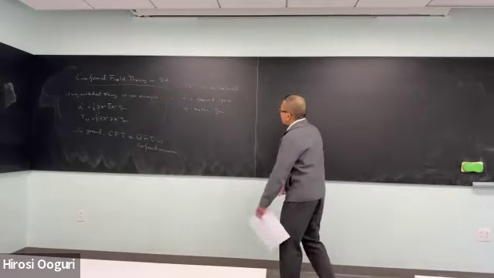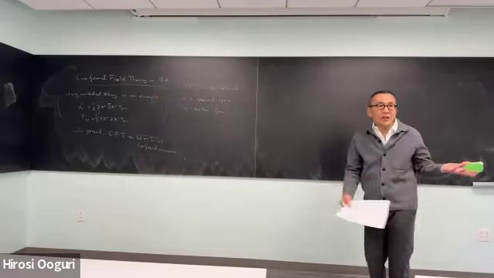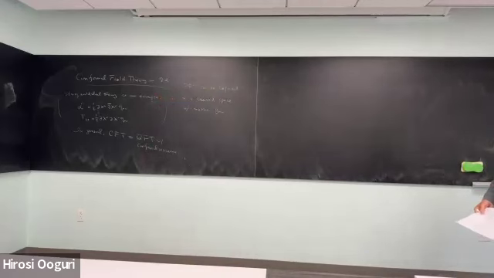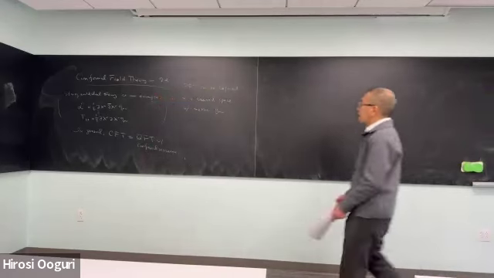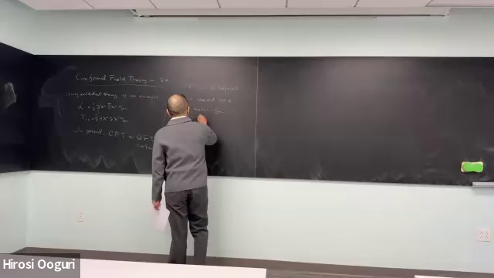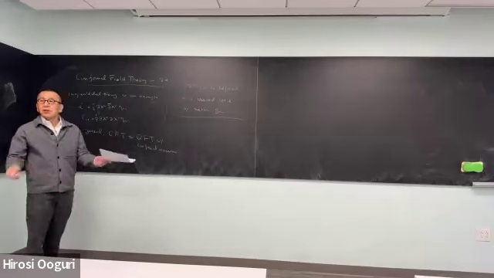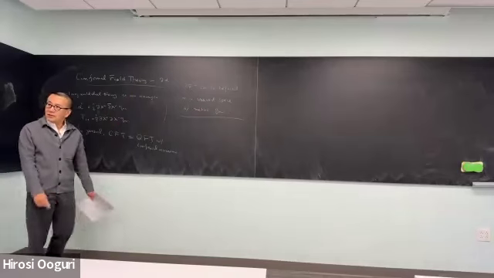In fact, the energy momentum tensor can be defined as a response to the change of metric in the following sense. So what is quantum field theory? Well, quantum field theory is a rule to calculate correlation functions, if you like.